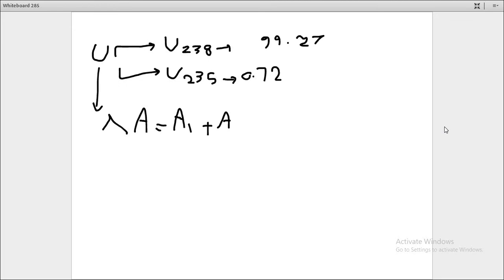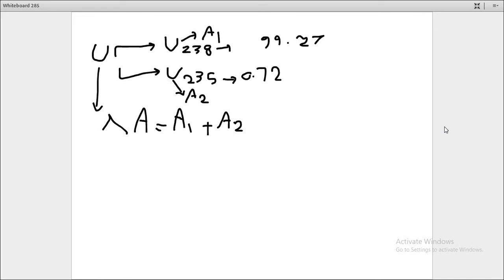If uranium-238 has activity A1 and the activity of uranium-235 is shown with A2, we can say the total activity equals the activity of 238 plus the activity of 235. Yes?